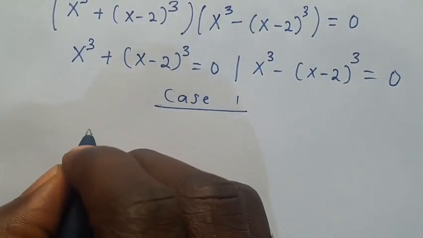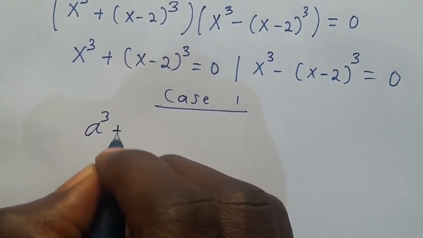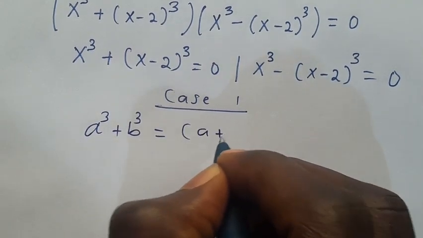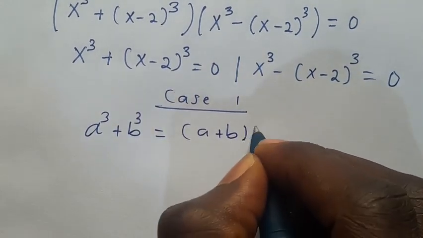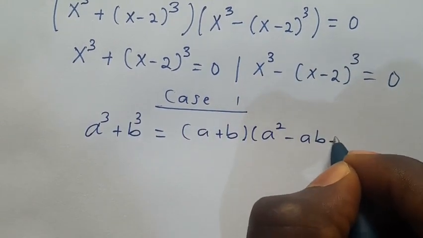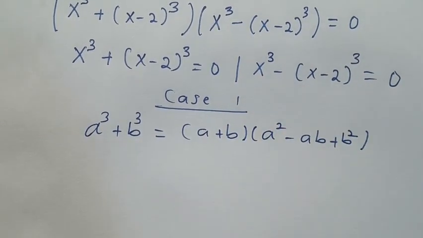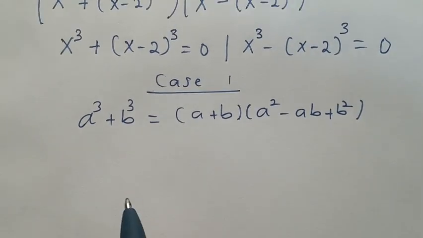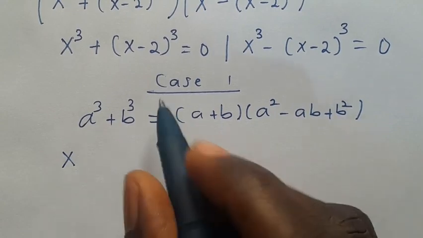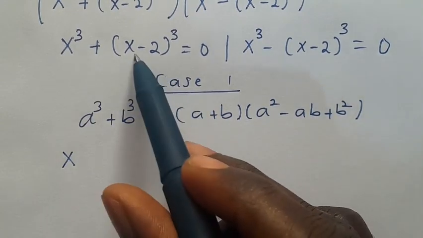When we have a to the power of 3 plus b to the power of 3, it always equals (a plus b) multiplied by (a square minus ab plus b square). So from here, our a is x, then our b is x minus 2.